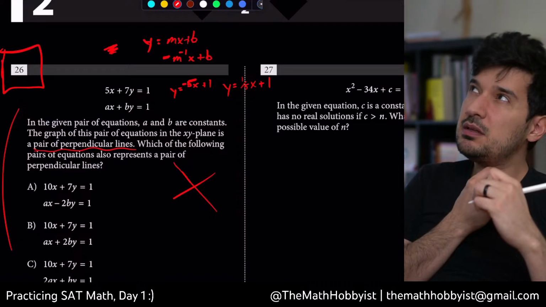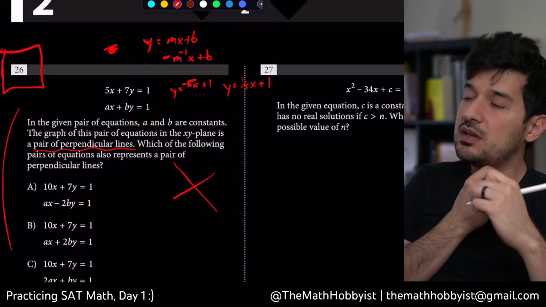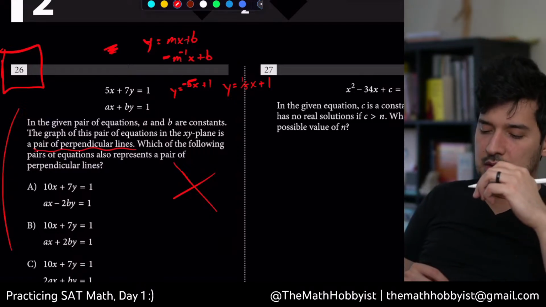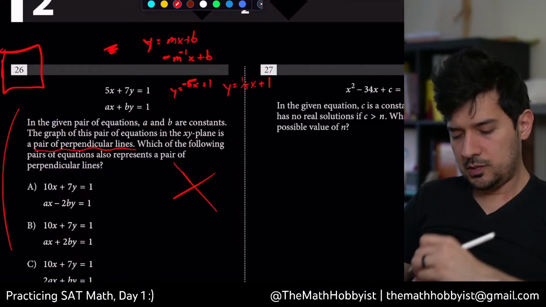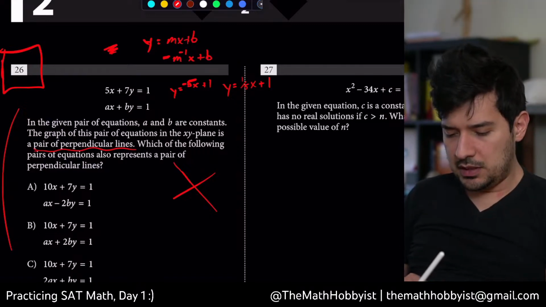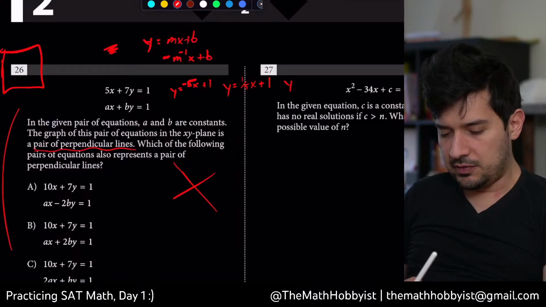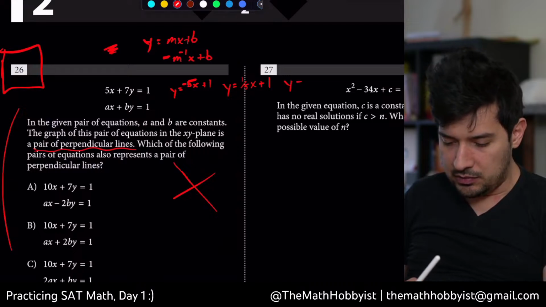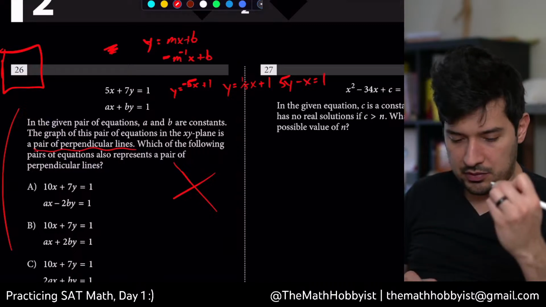Is the perpendicular line the same as the inverse line? No, I don't think so. So then this equation is the same as like 5y minus x equals positive 1.